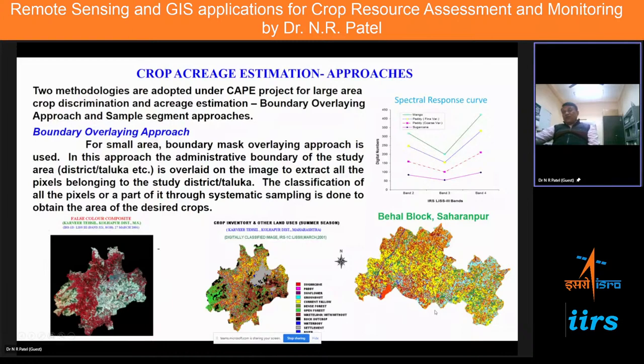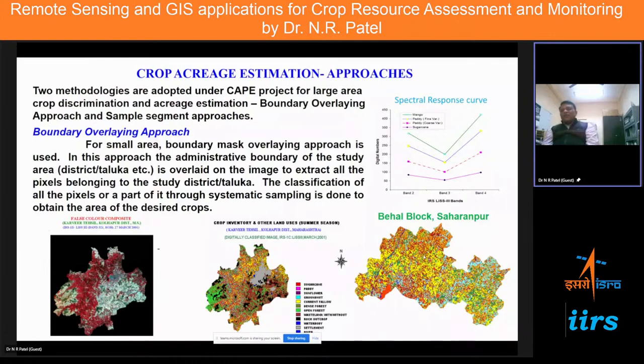Similarly, in one part of Saharanpur district, near Dehradun, we were able to classify even two varieties, Basmati and the old traditional variety, Sarbati. Now the question arises in your mind, can this kind of data help discriminate different varieties? The answer is no, because it was a unique signature only possible in this one block.